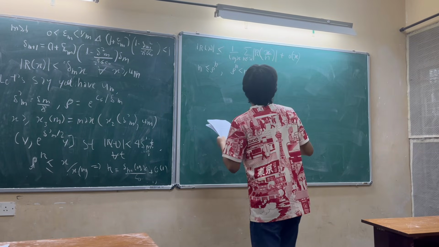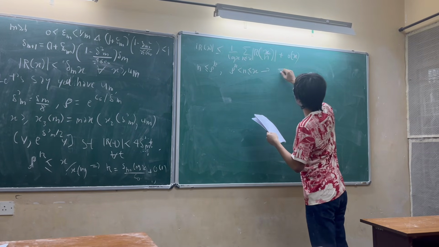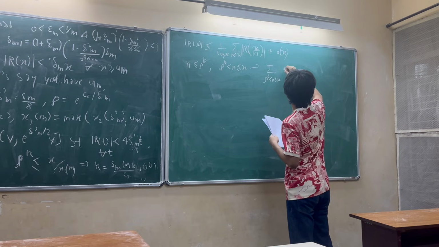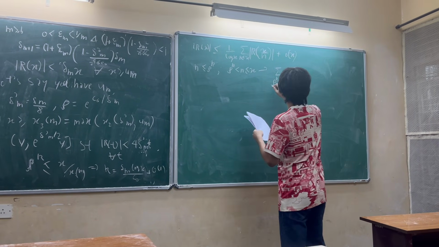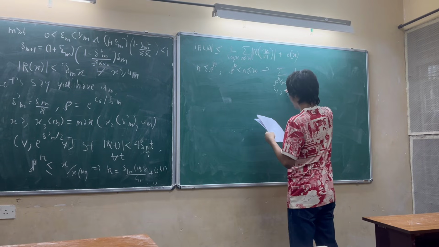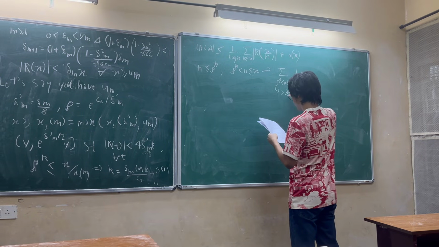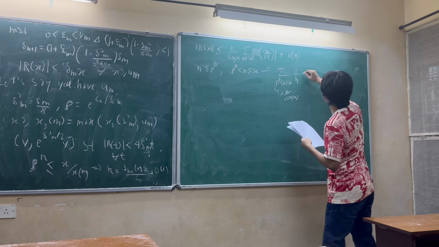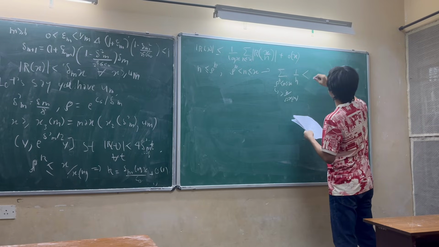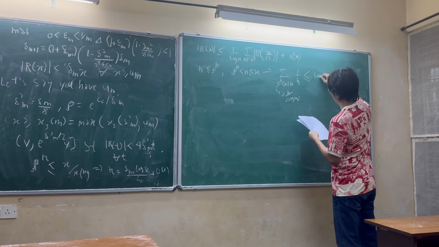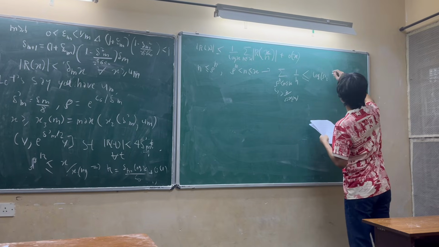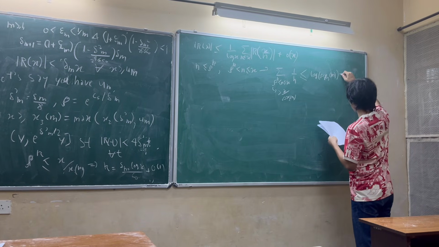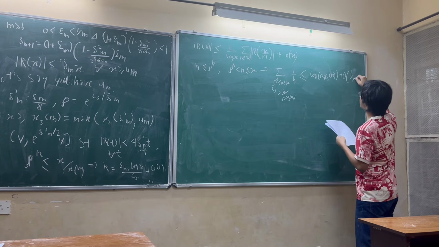You can clearly see that this is the sum of 1 by n, and this thing is greater than x by rho times x_3(m). So when you apply the formula, you can see that this thing is less than or equal to log of rho x_3(m) plus something of the order of 1 by x.